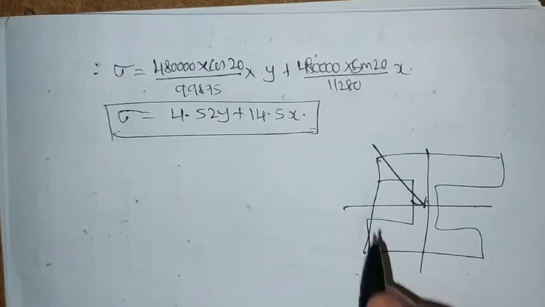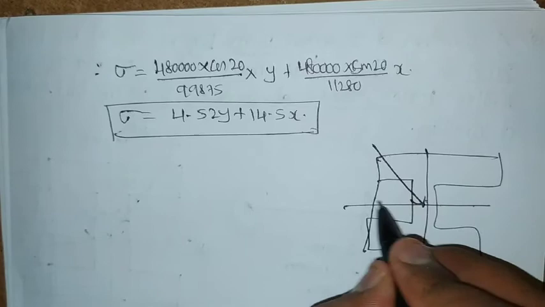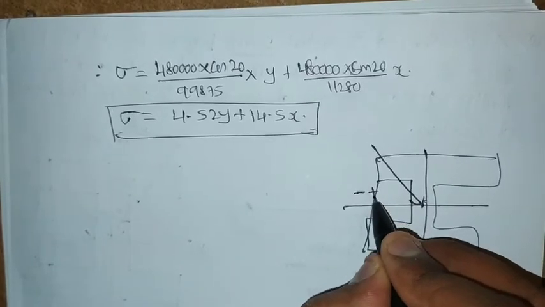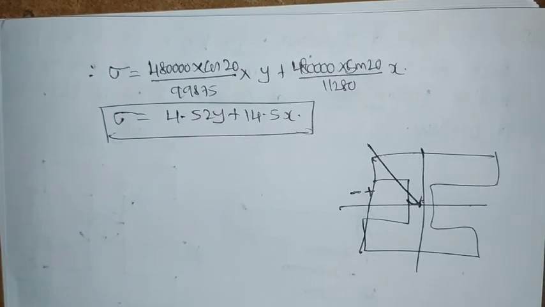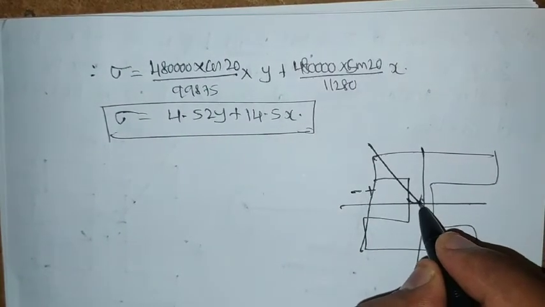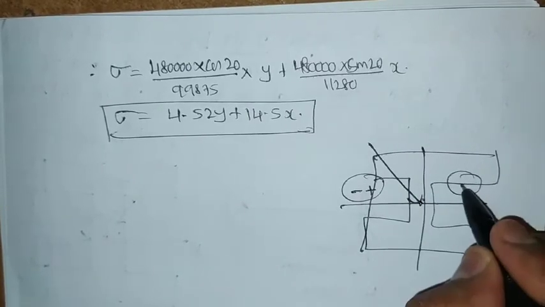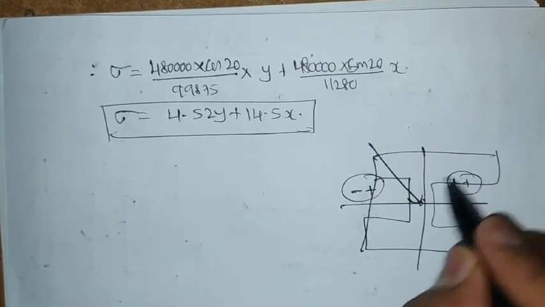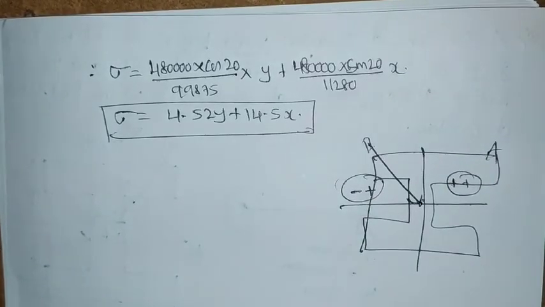So the section is going to have the value of x negative and the value of y positive. Like that we are going to get compressions only in this zone and in this zone. If we find out in these two zones, A part and B part, we will get the required answer.